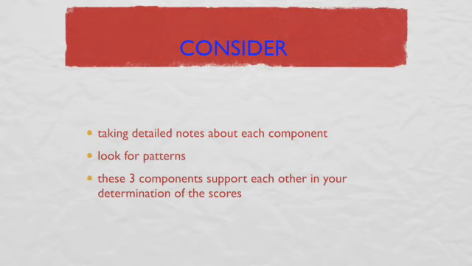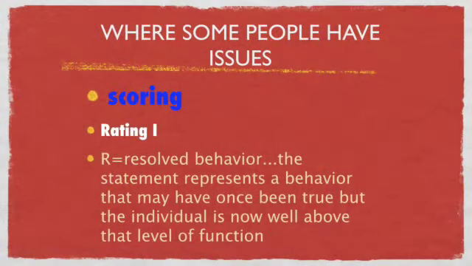So, the score that you get is only as good as the operations that you have used to get it. So here's where some people have issues doing the CVI range. One is scoring. People wonder sometimes, what was Christine Roman thinking? And of course, that's something we will never really know the answer to.